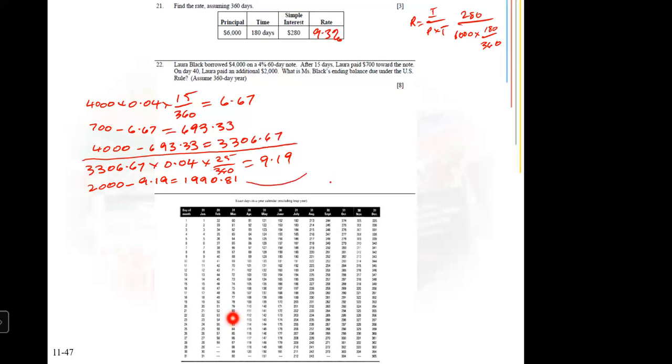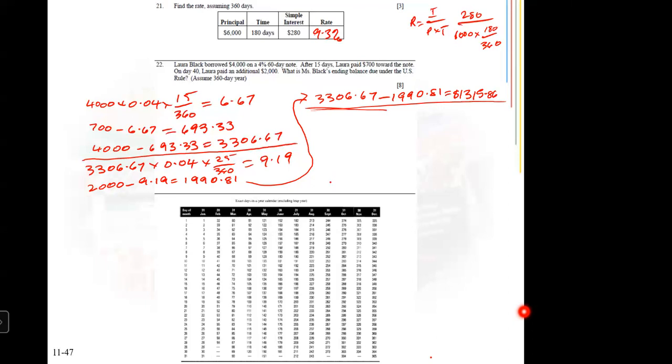So now 3,306.67 minus 1,990.81. And so your principal here is now going to be 1,315.86. So that's end of stage 2.